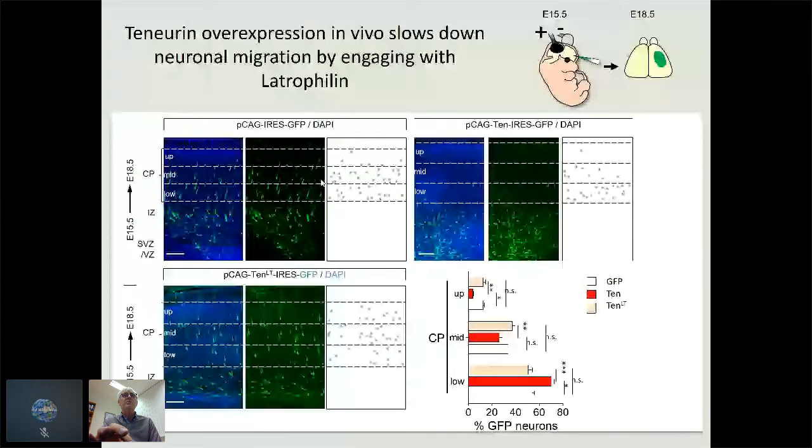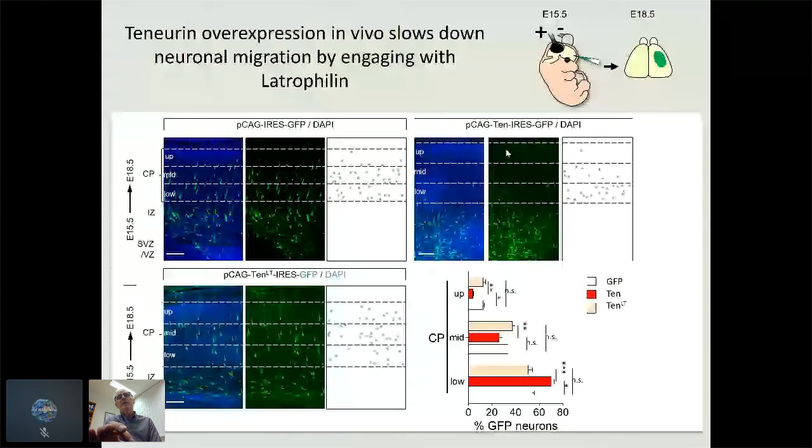Here's a control situation of embryos that were electroporated at E15.5 and harvested at E18.5. Dani divides the cortex into a lower, middle, or upper part, and he would then quantify numbers of neurons.